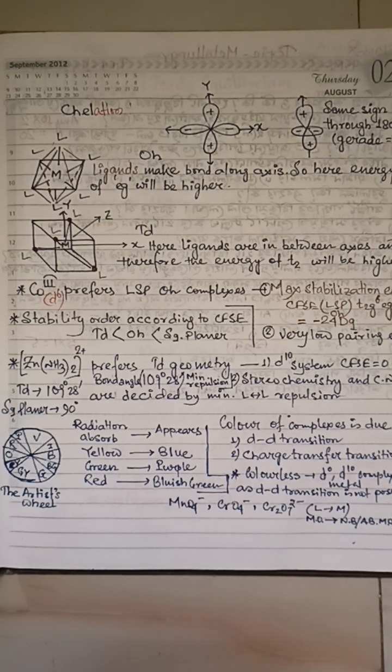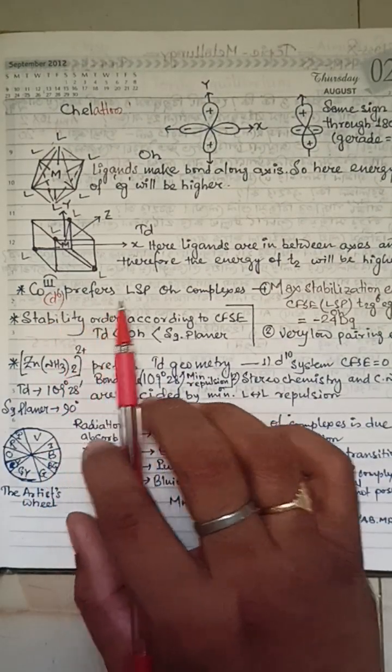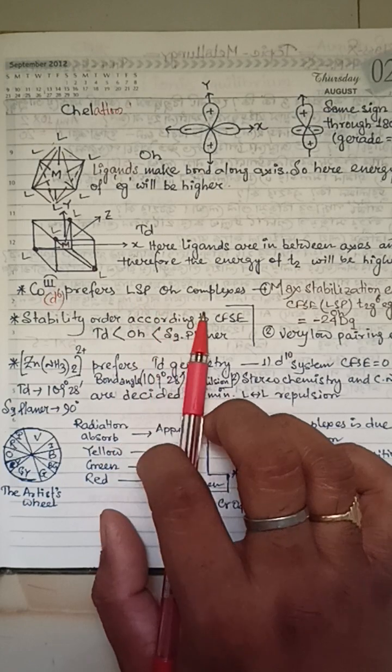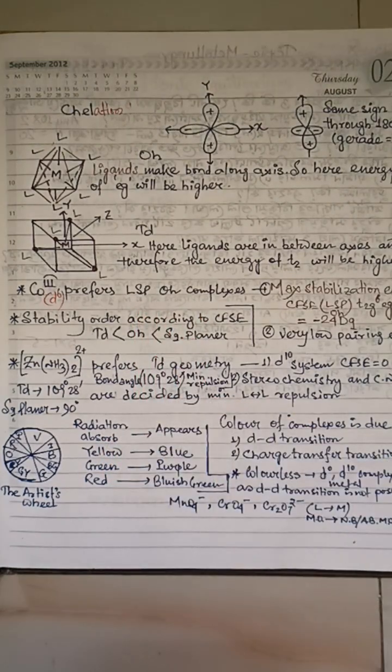We are going to discuss different types of complexes with the cobalt 3+ ion. Now the cobalt 3+ ion, having a d6 system, prefers a low spin octahedral complex. Why does it prefer low spin octahedral complexes?